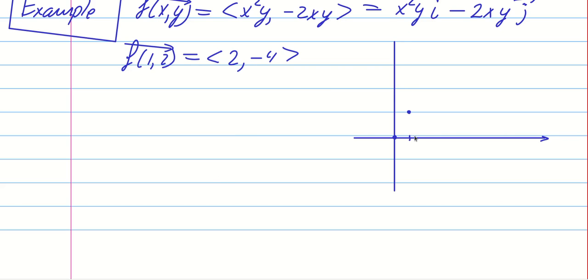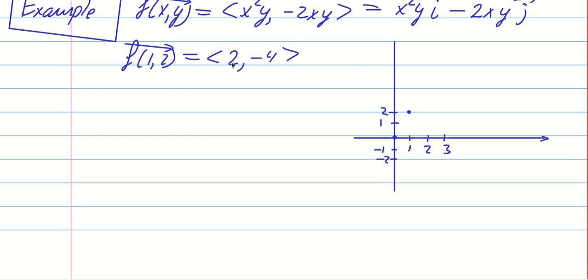So what does it mean for us? If this is 1, 2, 3, and this is 1, 2, negative 1, negative 2, we need to go 2 units to the right and 4 units down.